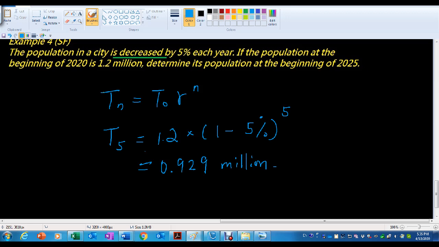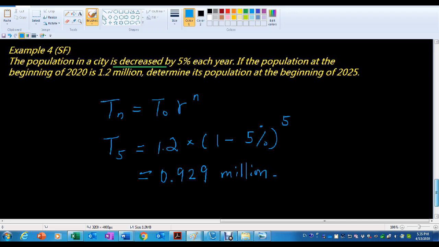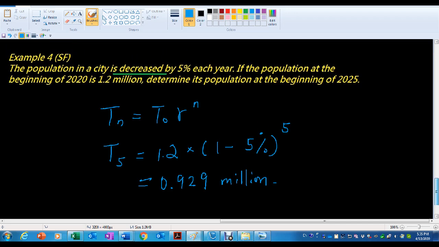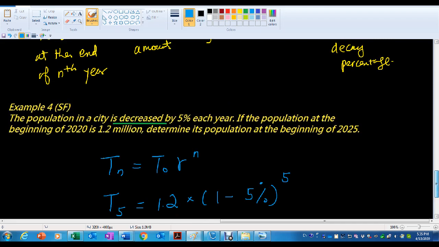So for the application of geometric sequence, you might see questions like exponential growth, you might see compound interest, but compound interest is essentially just like an exponential growth. And you might also see exponential decay.